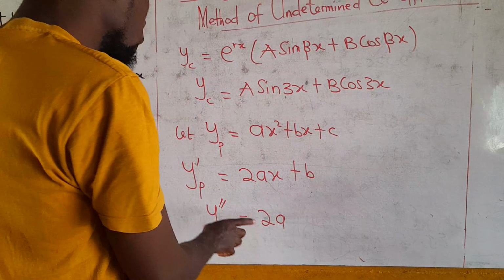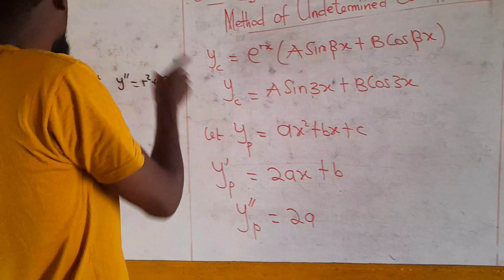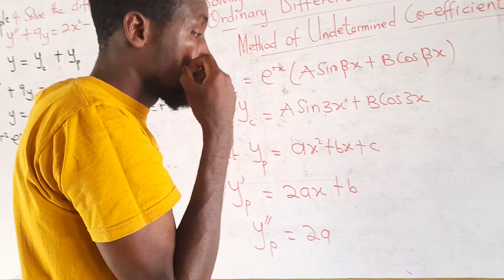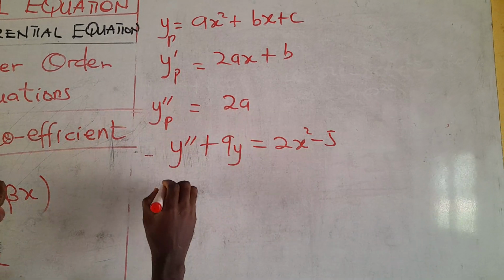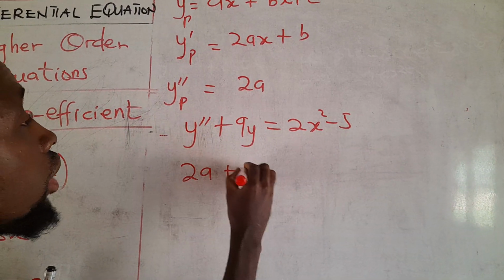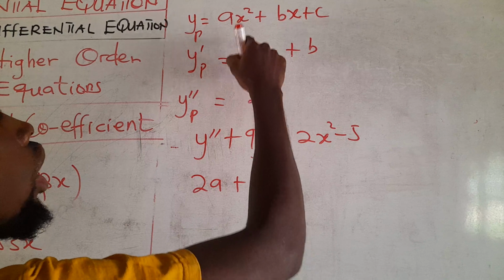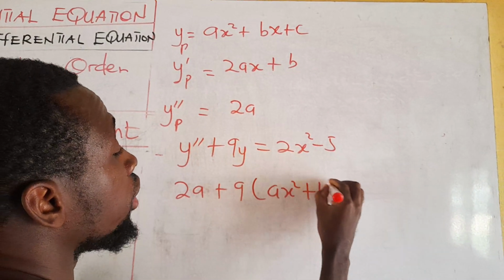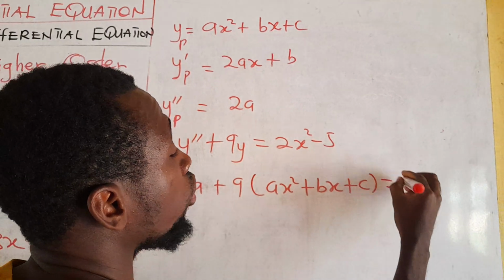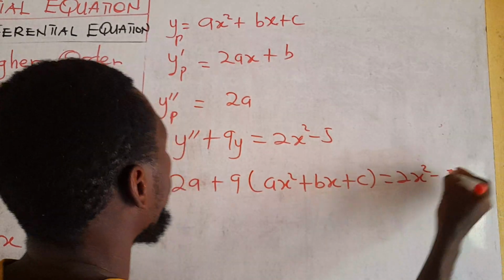What next? We substitute this into our problem. So we substitute. Our y'' is 2a, plus 9 times our y. Our y is ax² + bx + c, and that will be equal to 2x² − 5.